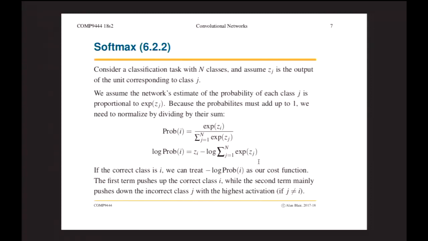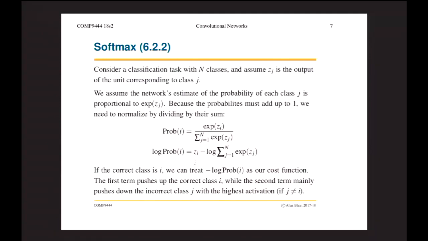Now, there's actually a nice explanation of this in the textbook in section 6.2.2. So the way it works in practice is this. So notice the Zi here. If i is the correct class, then I want to increase whatever the output is that corresponds to the correct class.